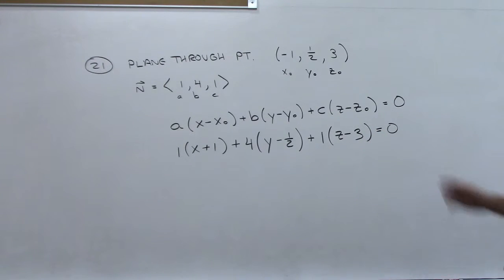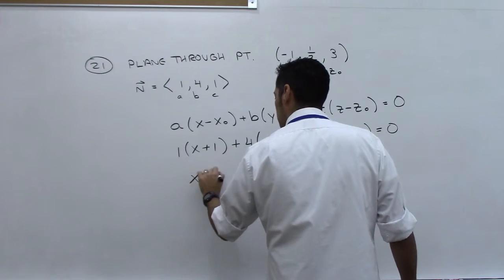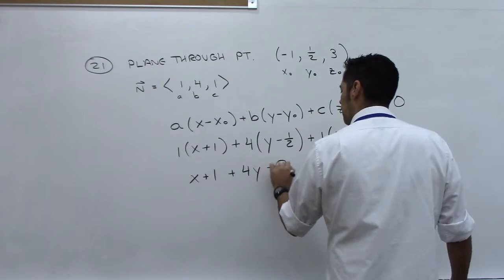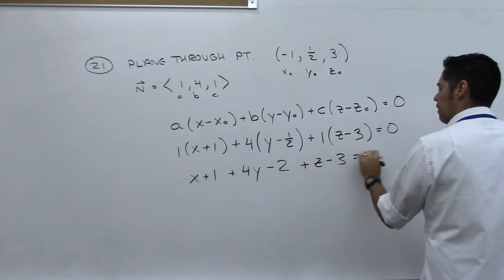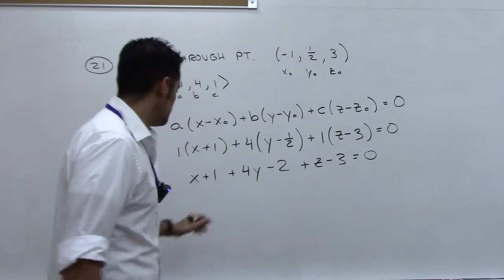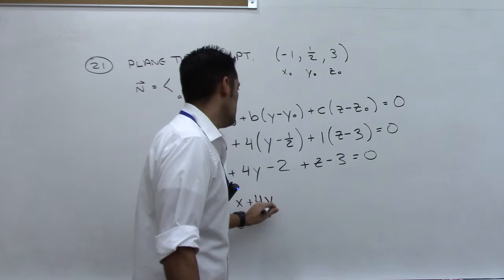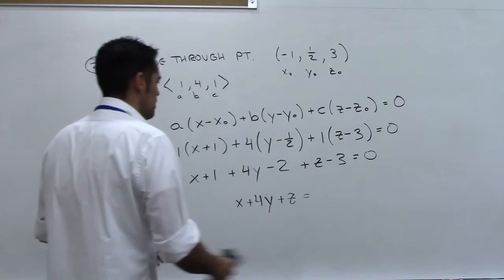So that is the equation of the plane, but we're going to distribute and make it look a little different. So passing things through here, distributing. There we go. And now what I'll do is I'll get all my variables on one side, x plus 4y plus z equals, and then on the other side, the numbers.